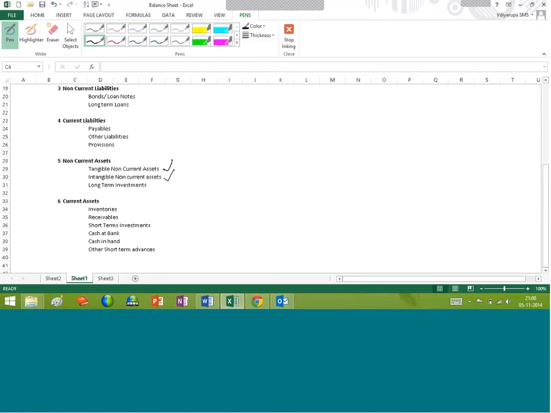These two assets are otherwise referred to as capital expenditure as well. Why do we refer to it as capital expenditure? There are two types of expenditures: revenue expenditure and capital expenditure. Revenue expenditures are those which bring benefits to the business enterprise in a shorter span of time, or we can say we feel the benefits immediately.